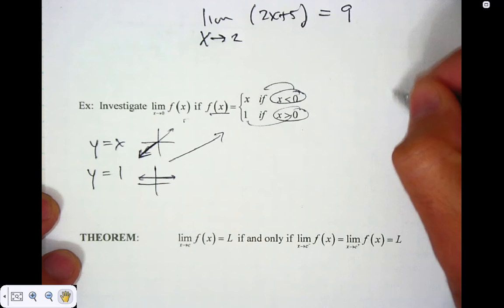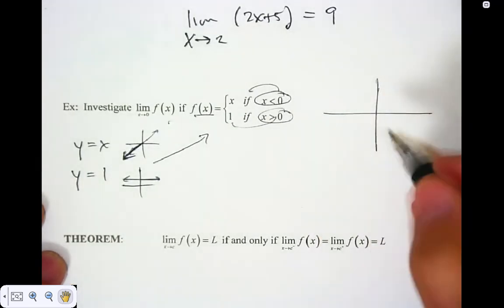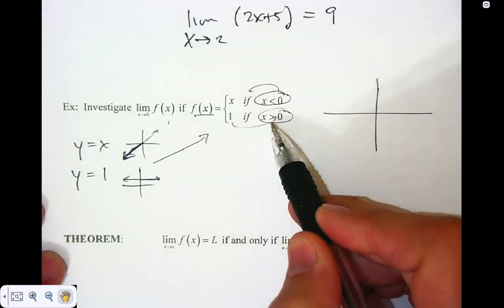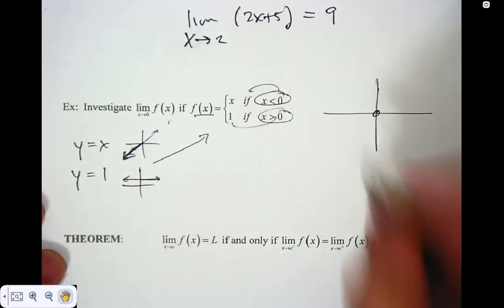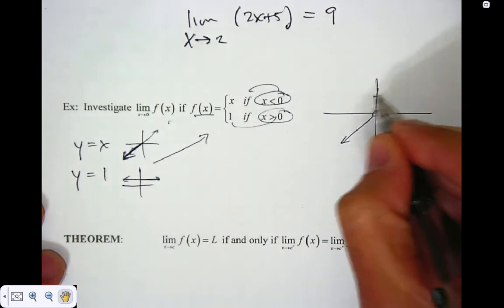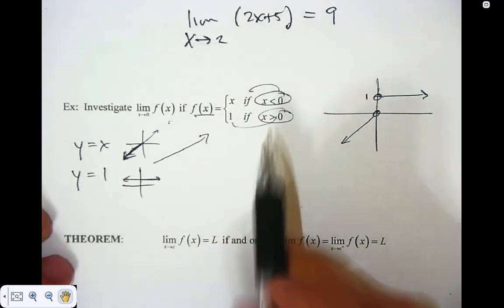Graphically, this domain thing is an issue because we can't be at 0. I should be on that line to the left, and I should be at the horizontal line 1, but not there at 0 to the right. So this is a piecewise function.